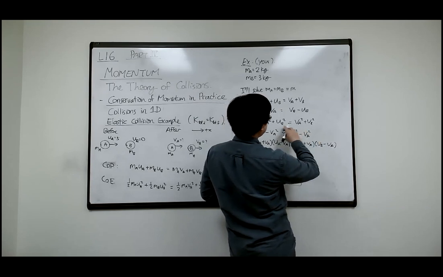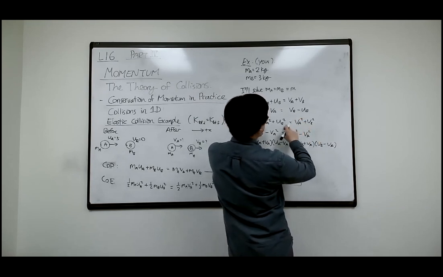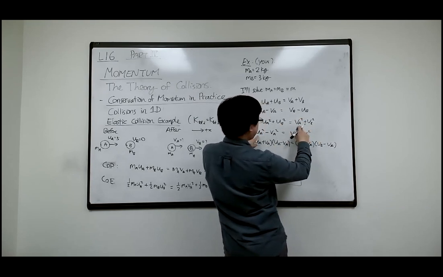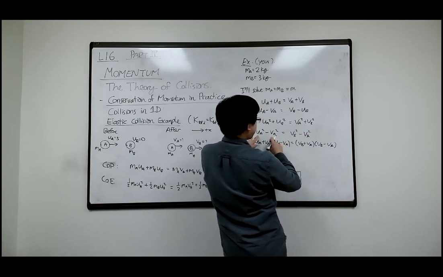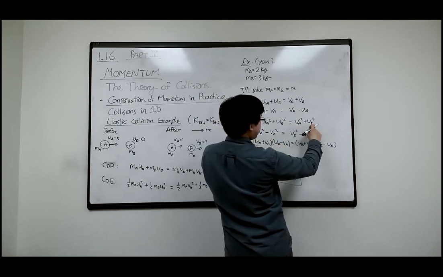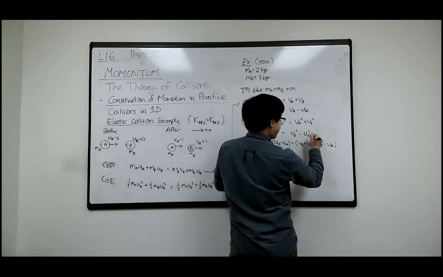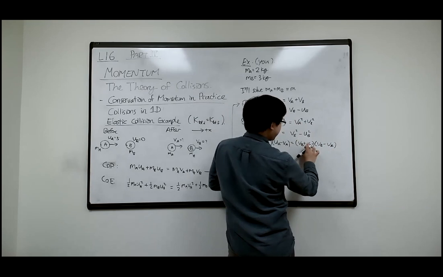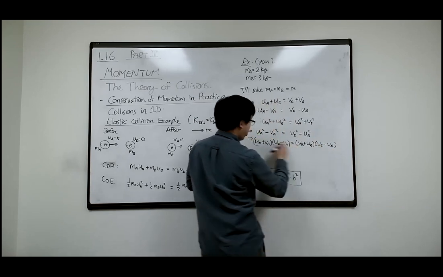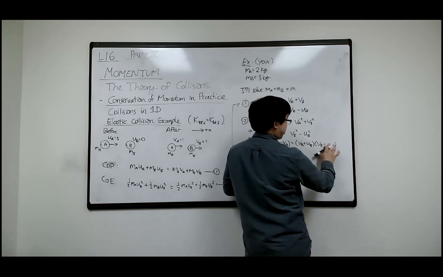Let's see. UA minus VA and VB minus UB. There we go. UB. That makes more sense. So this would be UB. Yes, everything A on one side, everything B on one side. Yes, that makes more sense.